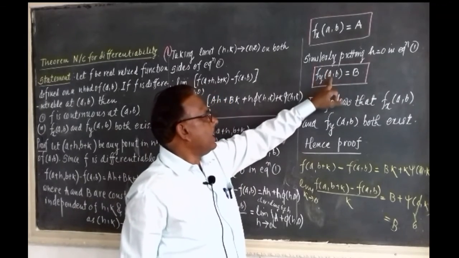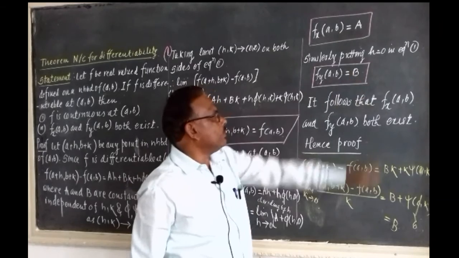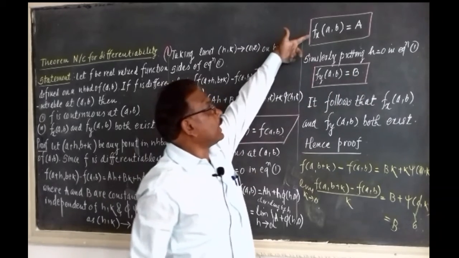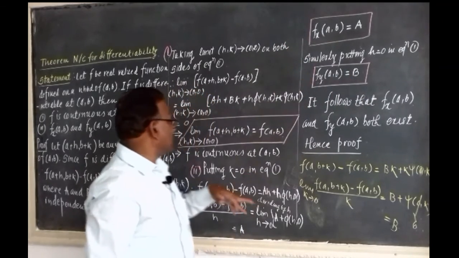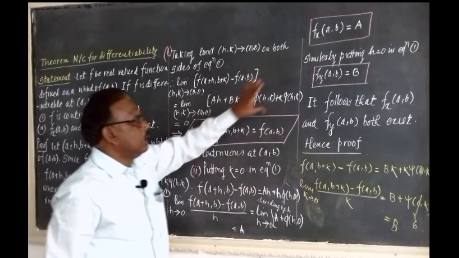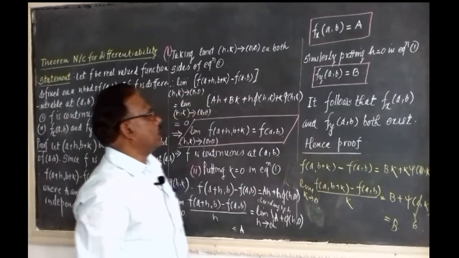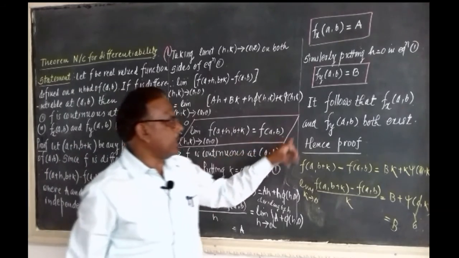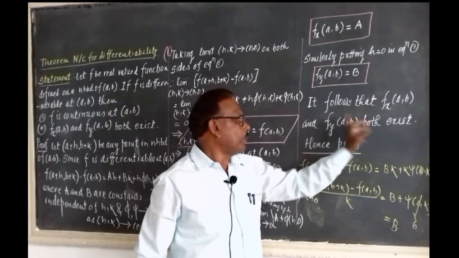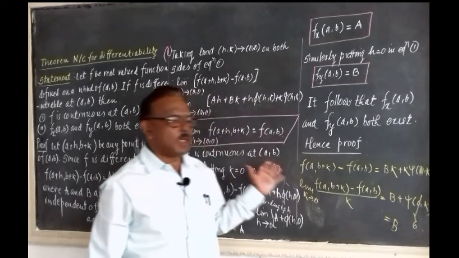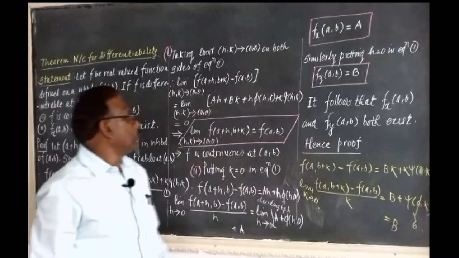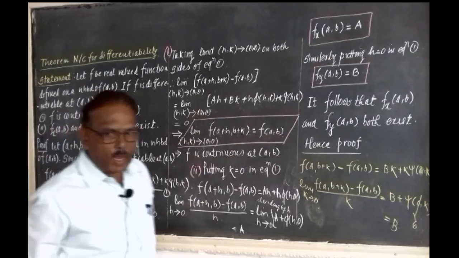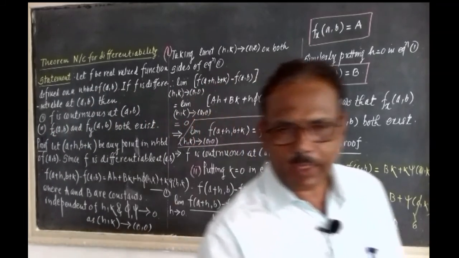Therefore f_y at (a, b) is equal to b. Both partial derivatives exist and the function is continuous. Therefore the given conditions for differentiability, that is the sufficient condition, are satisfied. It follows that f_x(a, b) and f_y(a, b) exist, the function is continuous at (a, b), therefore it is differentiable at (a, b).